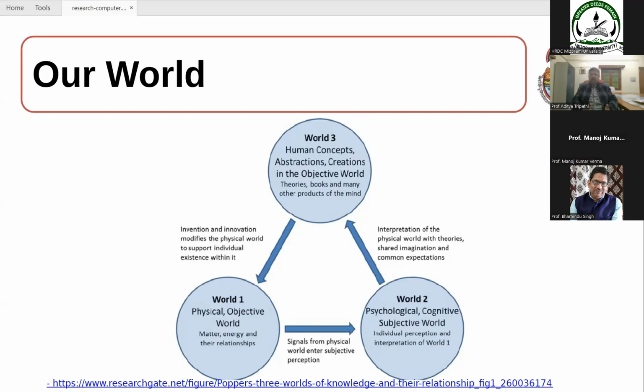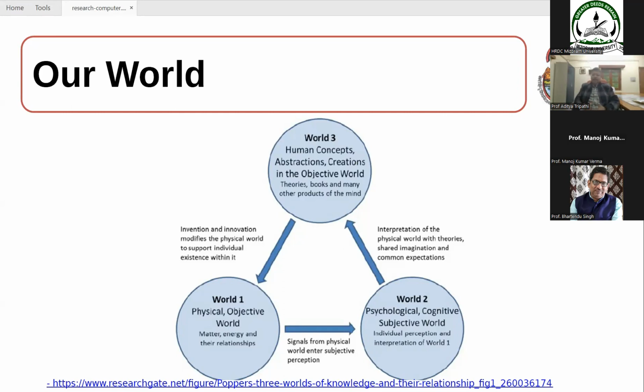It's like if I meet Manoj and if some other person meets Manoj, we may have different views about the person, because we may have our own knowledge, and based on our knowledge, based on our interaction with Dr. Manoj, we may have different perceptions. So whatever we understood about Dr. Manoj is quite subjective.